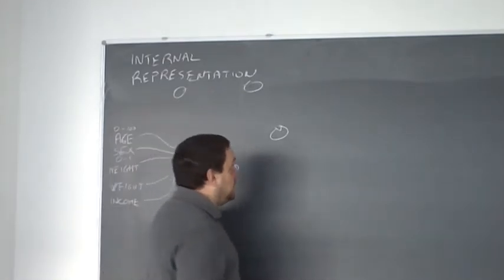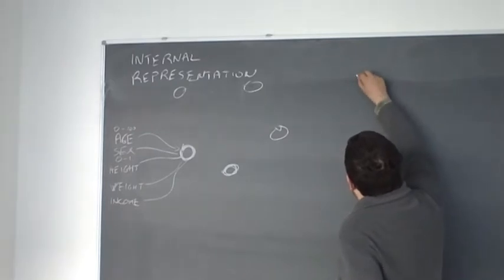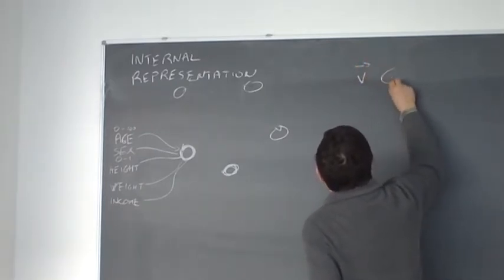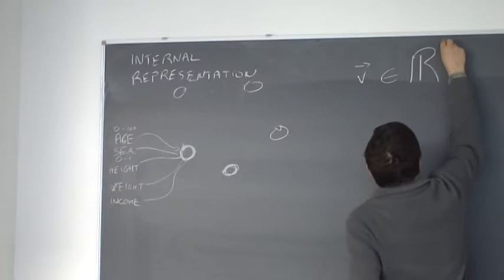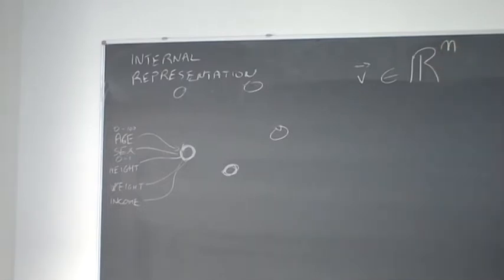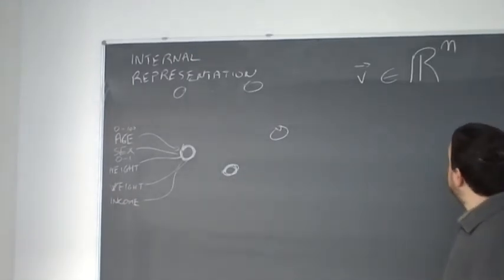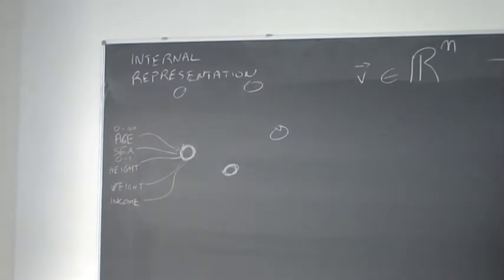So, in general, our objects can be seen as vectors in some vector space, where n, of course, represents the number of values, the number of numbers that represent each object. It is always possible, given an internal representation, to move to an external representation.